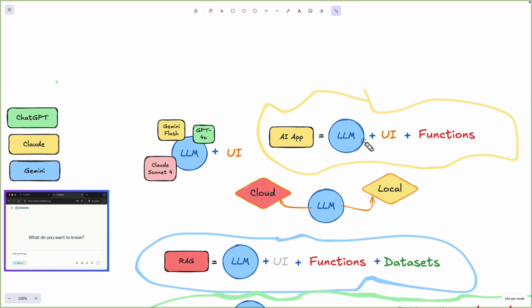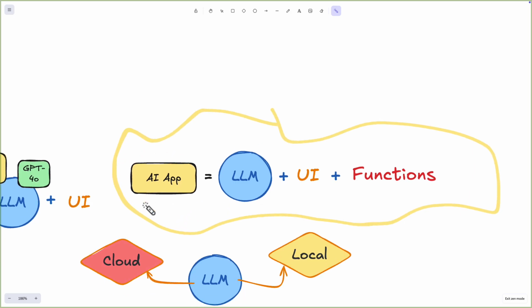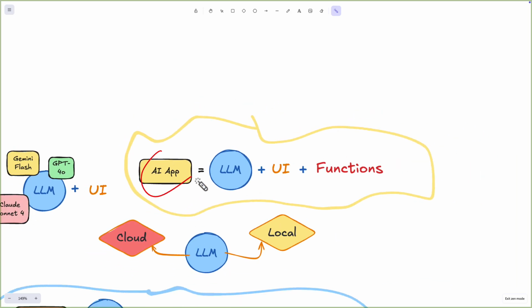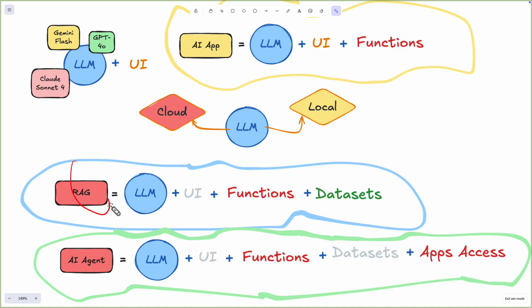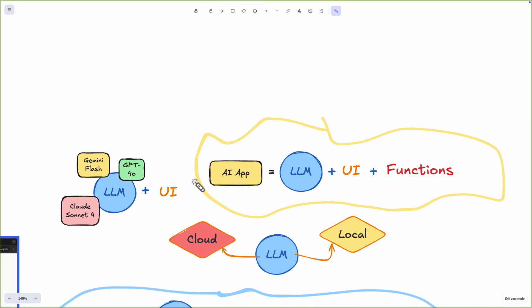So we have several concepts now, right? We have AI apps, we have RAGs, we have AI agents, and I'll explain everything in detail. So what is an AI app?